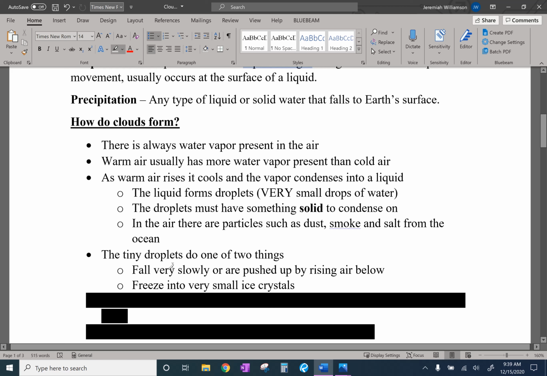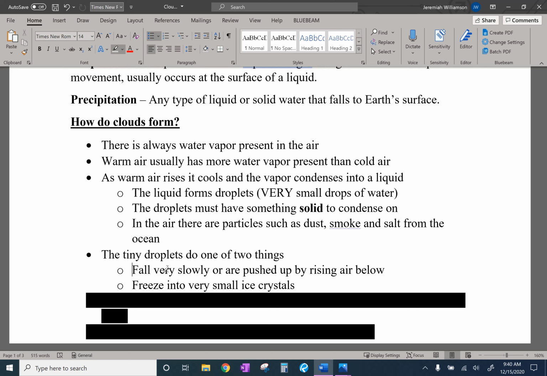First thing is they either fall very slowly or are pushed up by rising air below. So that's kind of how a cloud just hangs there in the sky, that it isn't falling down toward the ground or anything like that. They will fall very slowly, or they're just constantly being pushed up into the air by the rising air below. The other thing is they may freeze into very small ice crystals.